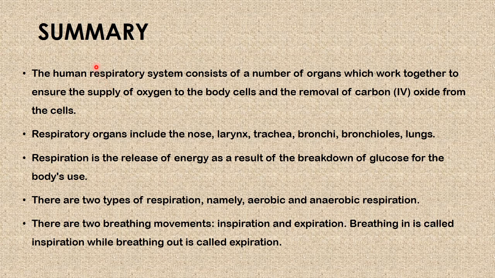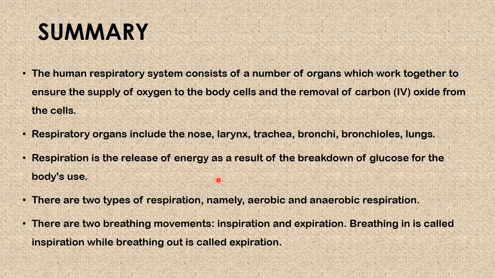Now let's take a quick look at the summary. The human respiratory system consists of a number of organs which work together to ensure the supply of oxygen to the body cells and the removal of carbon dioxide from the cells. Respiratory organs include the nose, the larynx, the trachea, the bronchi, the bronchioles, and the alveoli, which are located in the lungs.